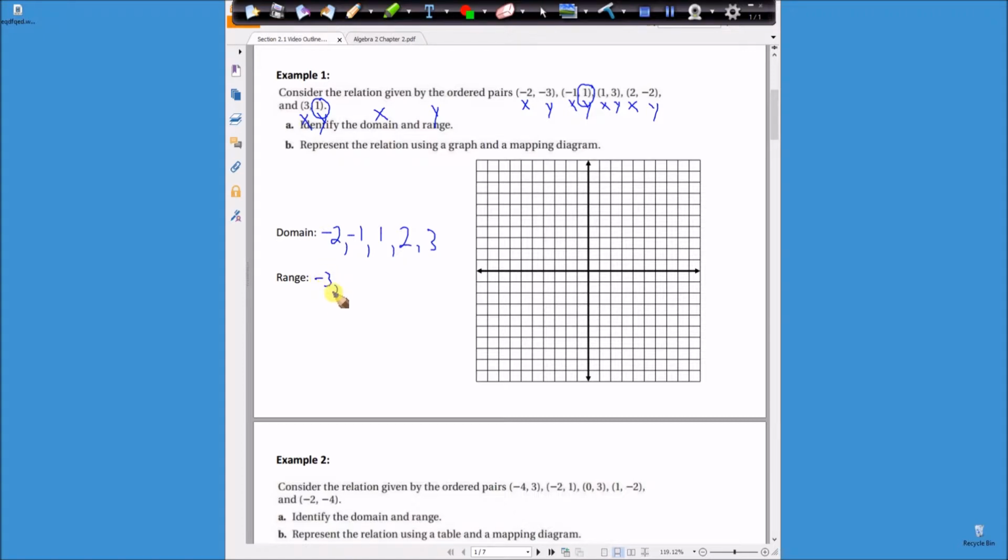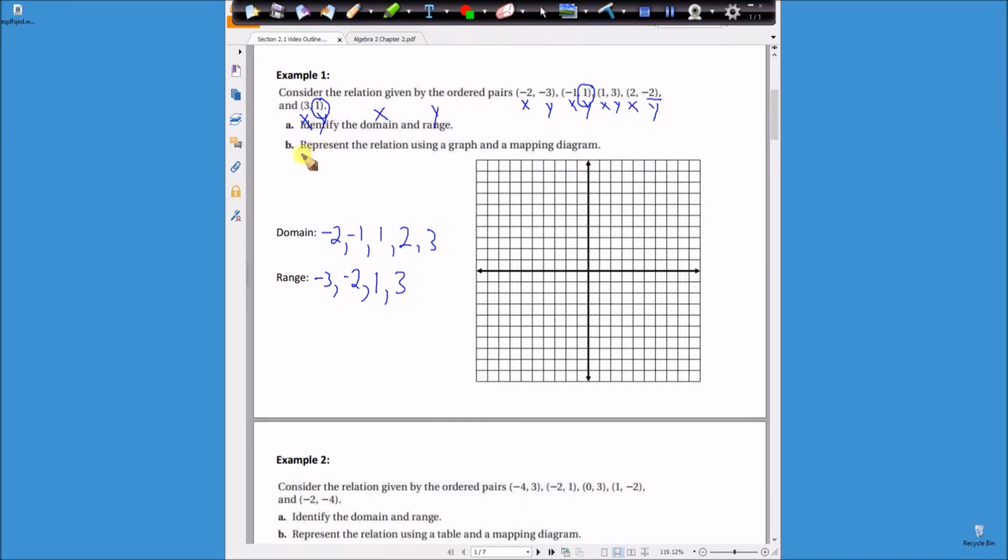So -3, we've got -2 over here, we've got 1 that repeats, and we've got 3. So that's the domain and range for this set of ordered pairs.